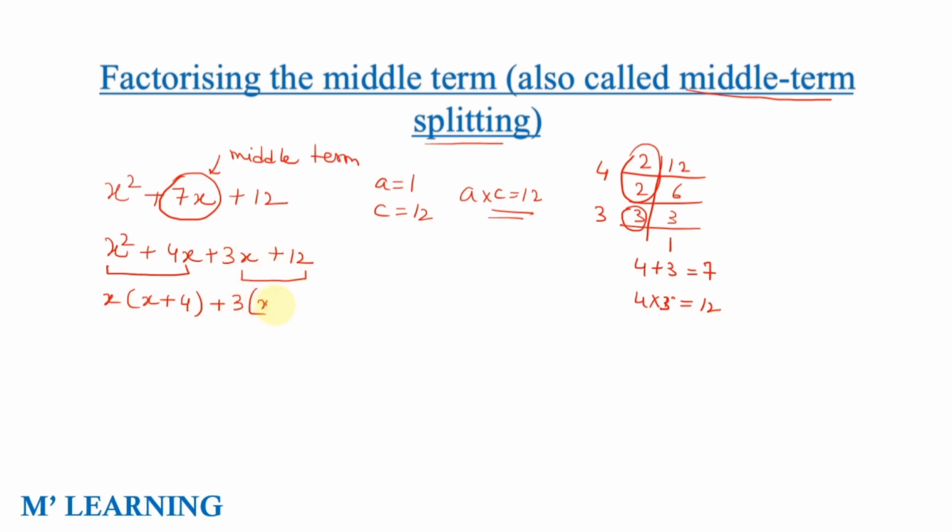So when we take 3 common, we are left with x plus 4. Note that we should get the same number in the brackets, x plus 4. So now taking x plus 4 common from them, the other factor will be x plus 3. So this is the answer for our given quadratic polynomial, which was x square plus 7x plus 12.